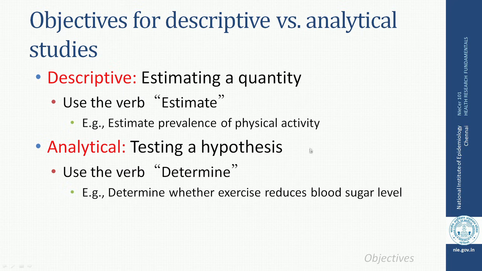For analytical, you use the terms that are more powerful, that denote this comparison connotation. Testing hypothesis has to be denoted in the verb. For example, the verb determine may be preferred. For example, in the diabetes and exercise related study that we are discussing, determine whether exercise reduces blood sugar level.